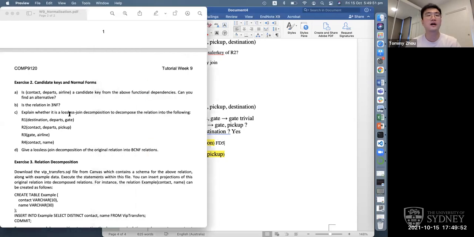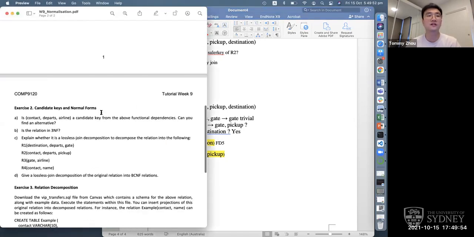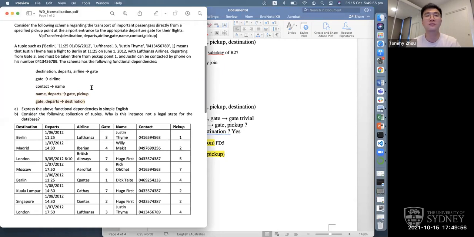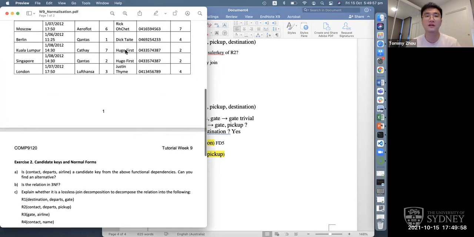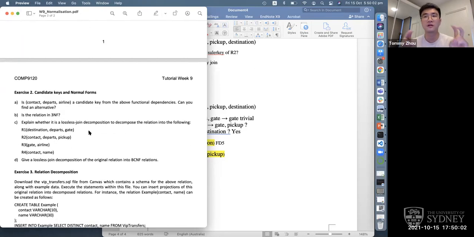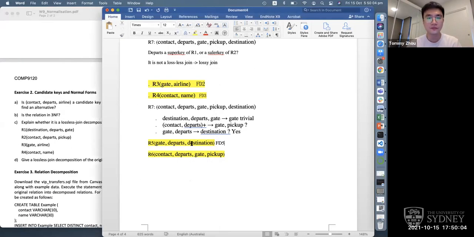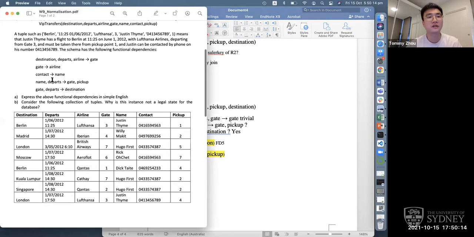So that will just give you an intuition that not all those FDs are going to be used if you are doing the decomposition. We're only going to use the useful ones. All right. That means if you join R3, R4, R5, and R6, it is going to give you back the original table, where you have this kind of instance.